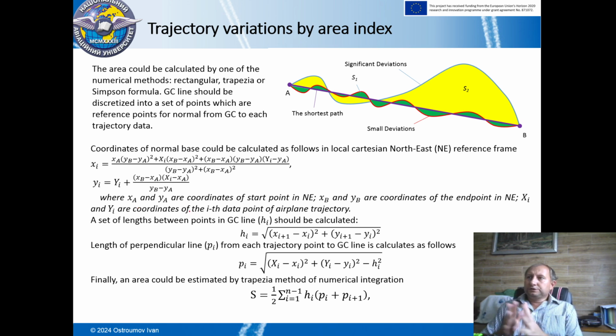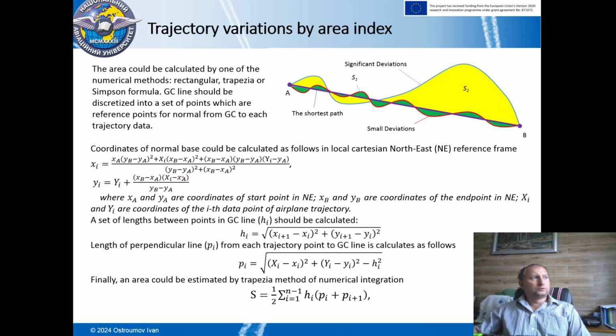In our research, we analyze whether we could use another formula for calculating horizontal flight efficiency. And we propose to calculate horizontal flight efficiency by the area which is closed by the airplane trajectory. Here you could see that the red line shows a trajectory which fluctuates along the shortest path, and the blue line shows a huge side deviation.